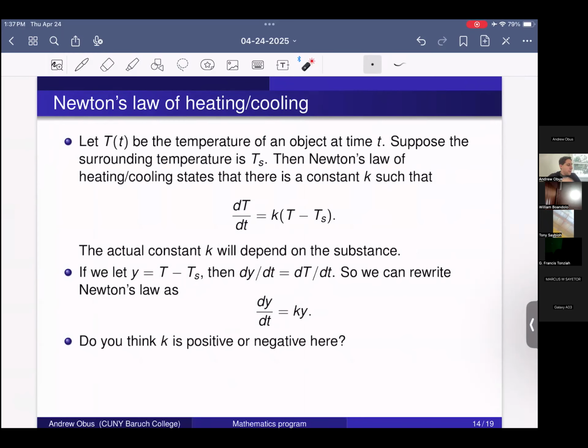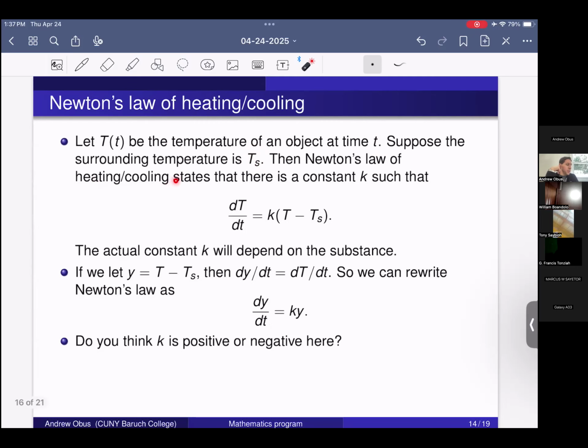Okay, so Newton's law of heating and cooling. Let's say that T of t is the temperature of an object at time t, and suppose the surrounding temperature we'll call Ts, s for surrounding. What does Newton's law of heating and cooling say?